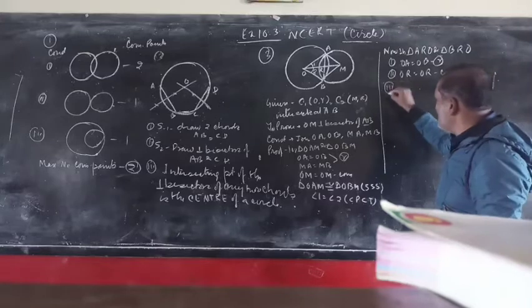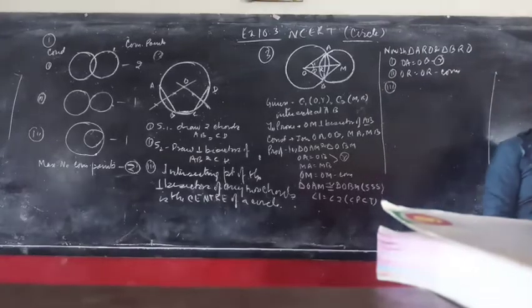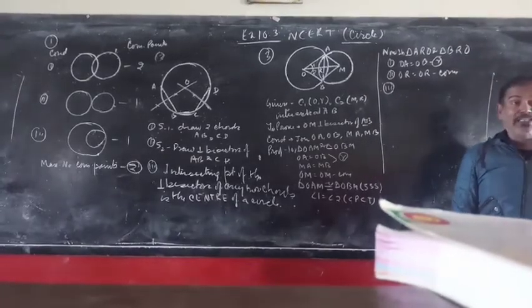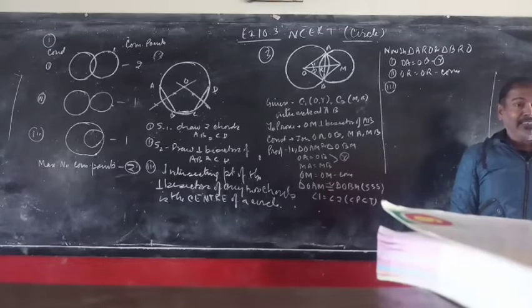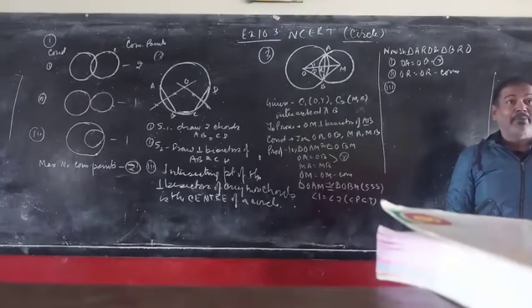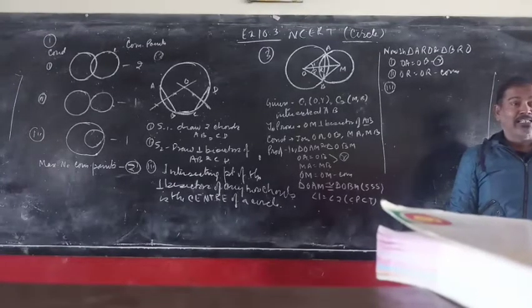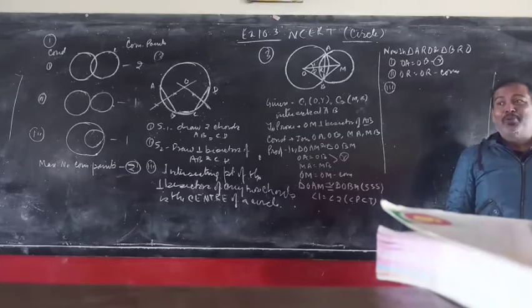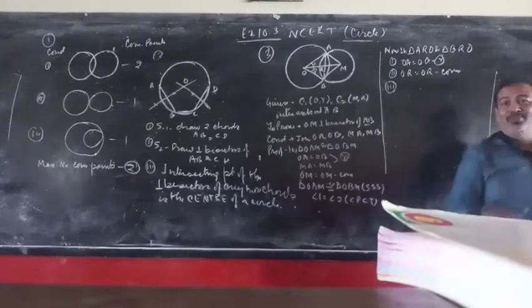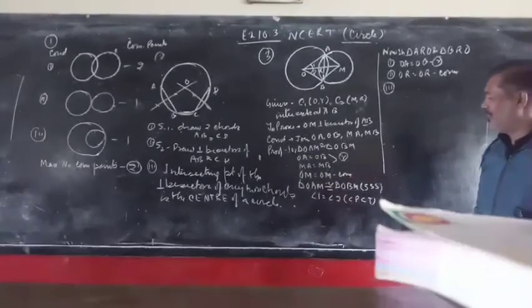And the third one, open your eyes, my dear students. It is written on the board in front. Don't you see it? Look, I am giving a hint, it is written on the board. Yes, you. Sir, AM is equal to BM.